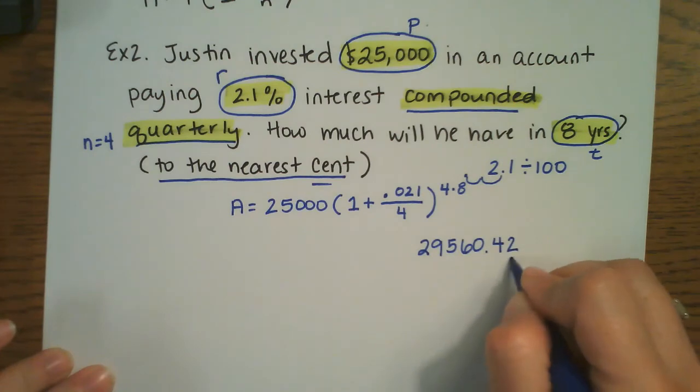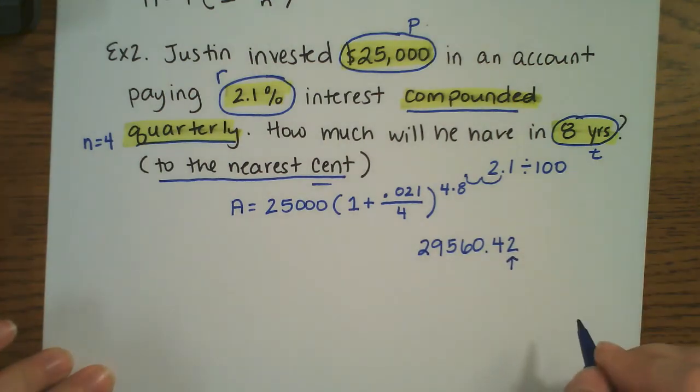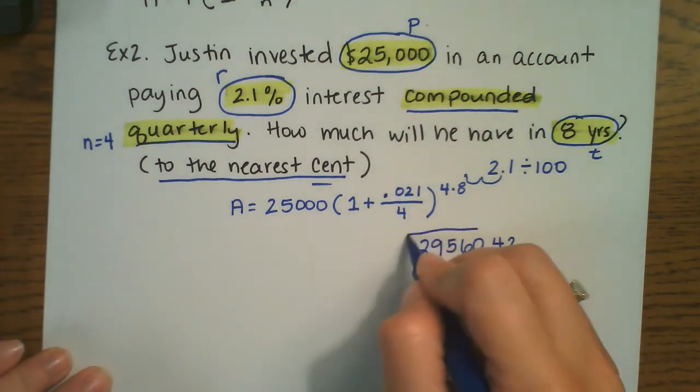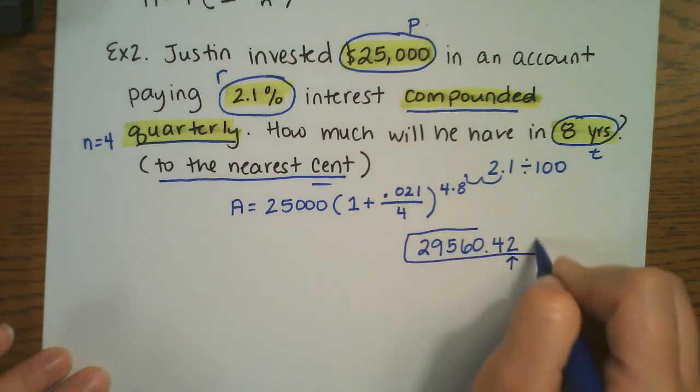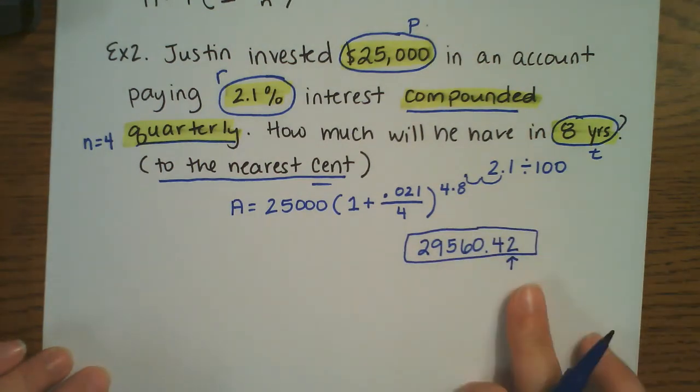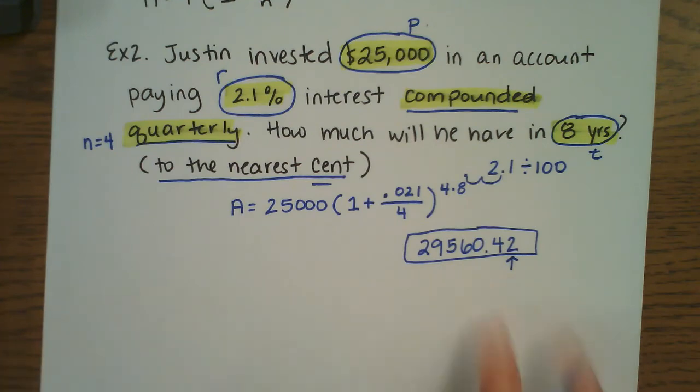So you have to give them 2 decimal places. So you have to be looking at what the problem is asking you for, if you need to round, when you need to round, how many numbers they want. Because Delta Math's going to be very specific about how many numbers you put in for your answer. They will mark it wrong if it's not rounded correctly, if you gave them too much. So be aware of that.